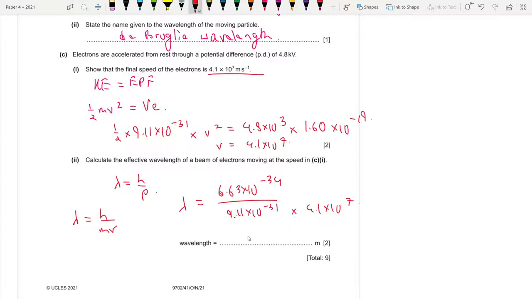I'm getting a value of 9.1 times 10 to the power minus 19. Since we have 2 SF, wait, I messed up. I messed up the math. One point eight times 10 to the power minus 11 meters. Okay, that's all.